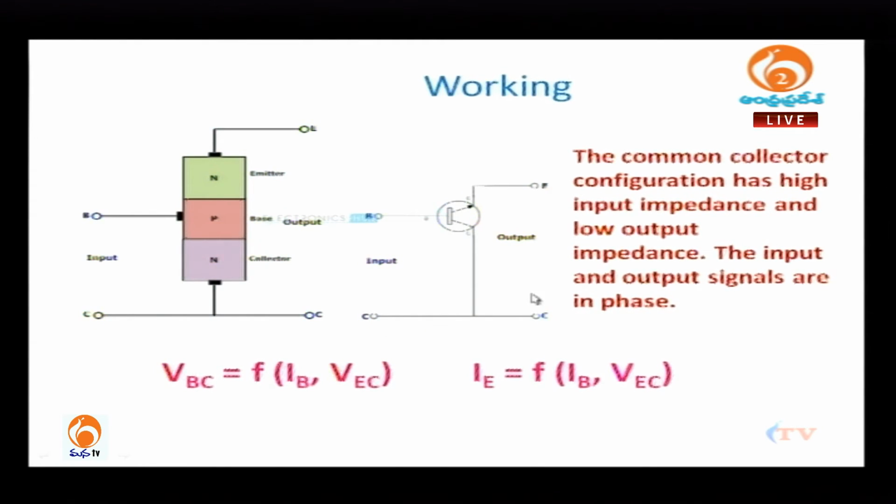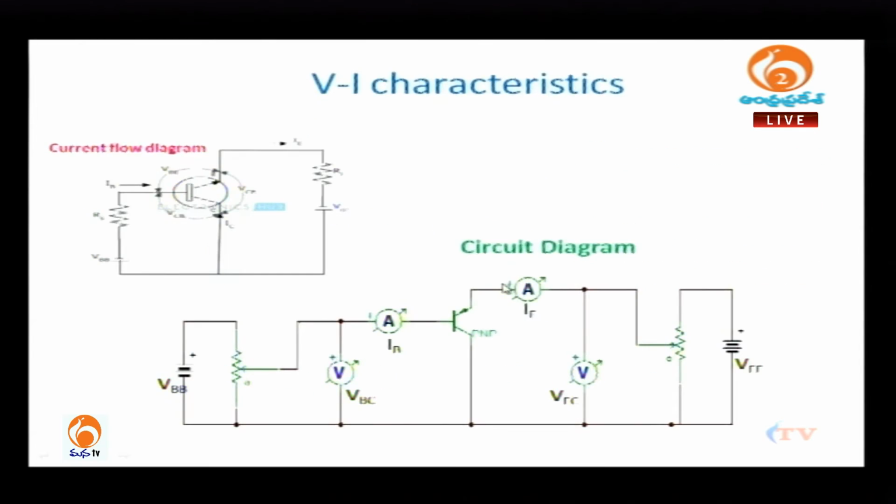Now, this circuit is for an NPN transistor. Here we have an experimental arrangement in order to take VI characteristics of a transistor in common collector configuration. Here one thing we need to understand. The input voltage is between base and collector. This is base and collector, whereas this is emitter base voltage which forward biases this emitter junction, and this voltage is emitter to collector voltage.